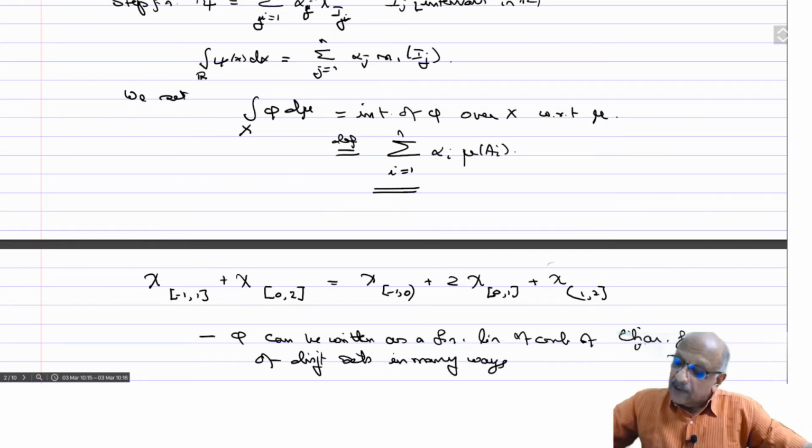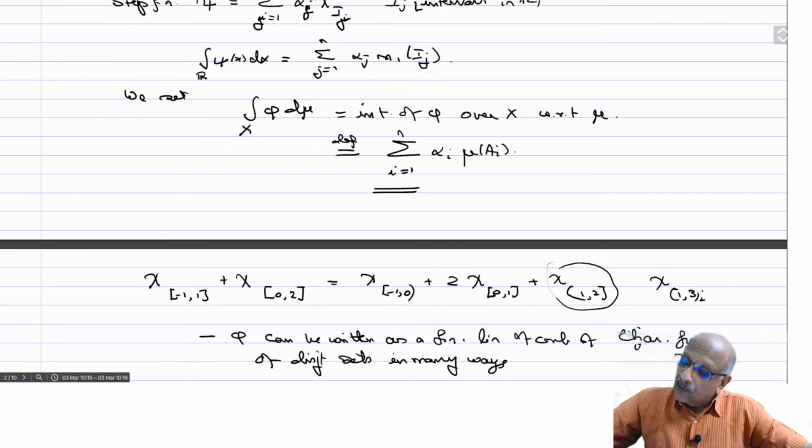For instance, I can split this chi of [1, 2] as chi of [1, 3/2] plus chi of [3/2, 2].